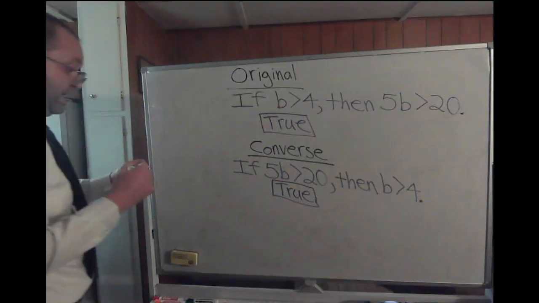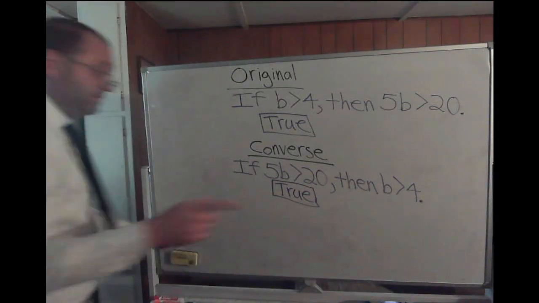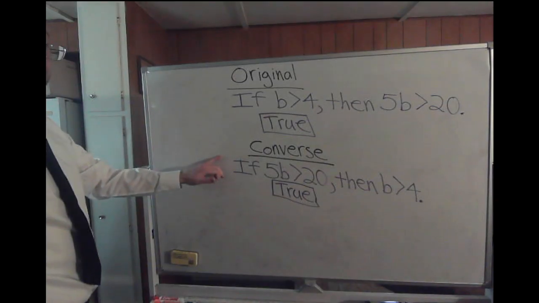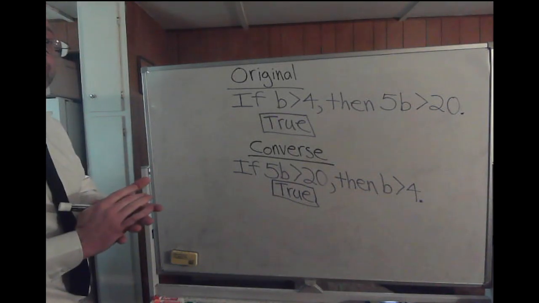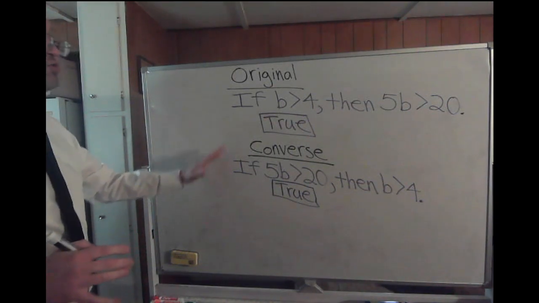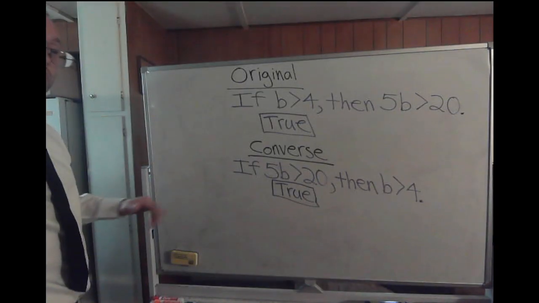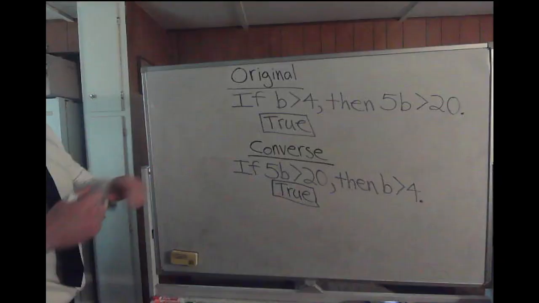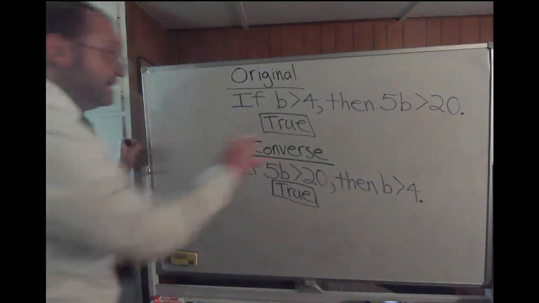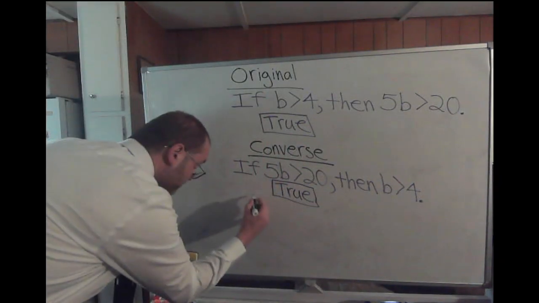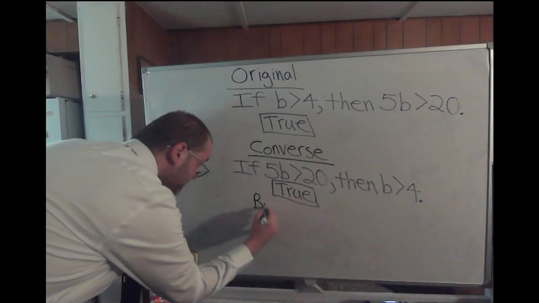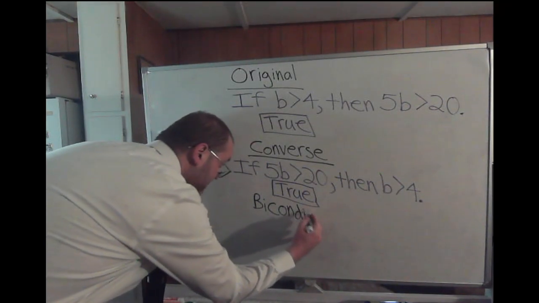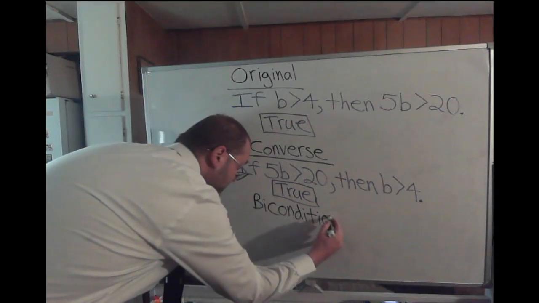So, here's the neat thing now. Whenever you have an original statement and its converse, if they're both true, you can form what's called a biconditional sentence out of them. And that's only if both the original and converse are true. So we are going to form a biconditional sentence. So what does a biconditional sentence do?